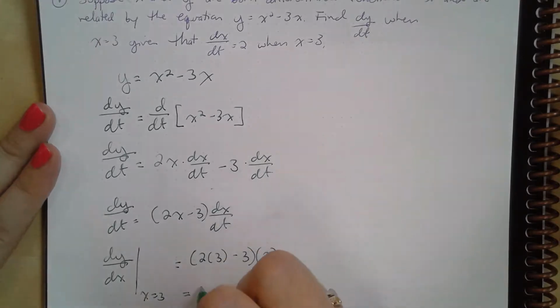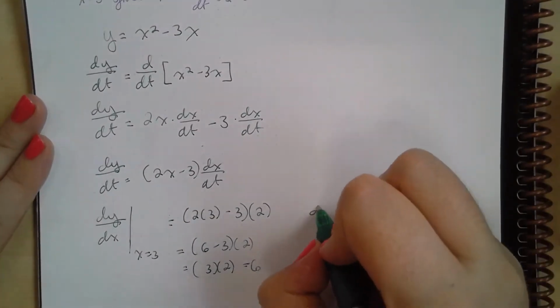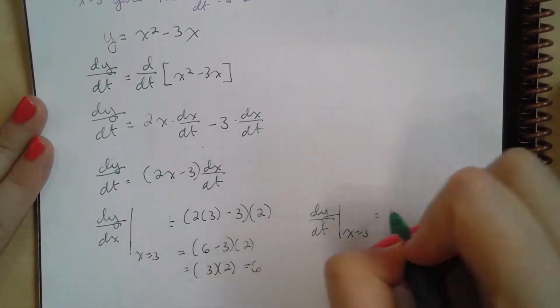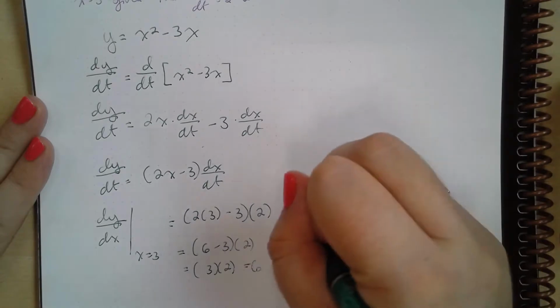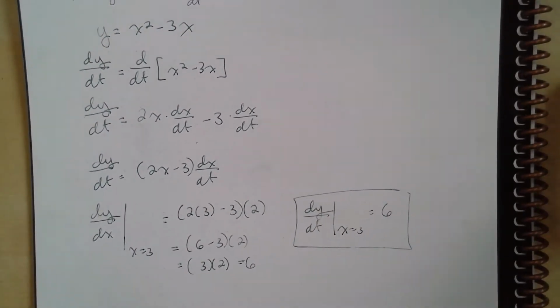So that's going to be equal to 6 minus 3 times 2, which equals 3 times 2, which equals 6. So dy over dt when x equals 3 is equal to 6. And that's our final answer. We found the derivative with respect to t of that problem.